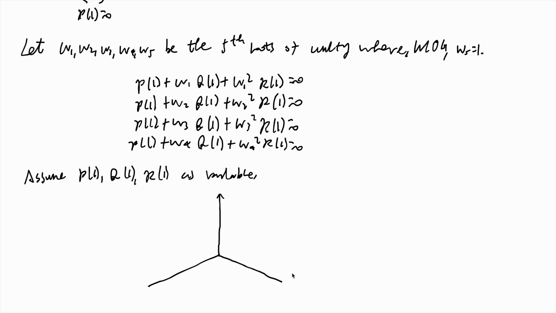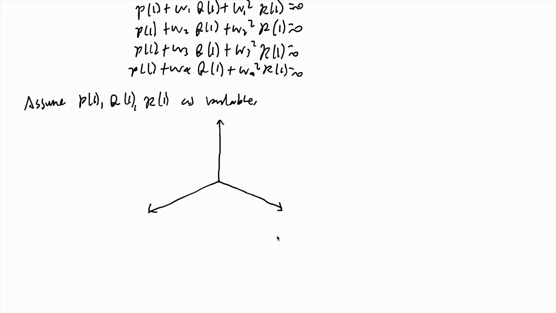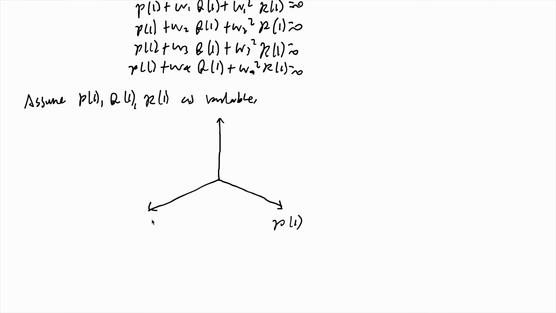So why don't we say this is P of 1, and this should be R of 1.